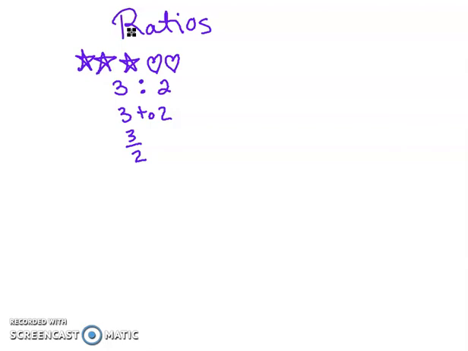So, for example, if I have 3 stars to 2 hearts, and let's say I had 15 stars, then how many hearts would I have?